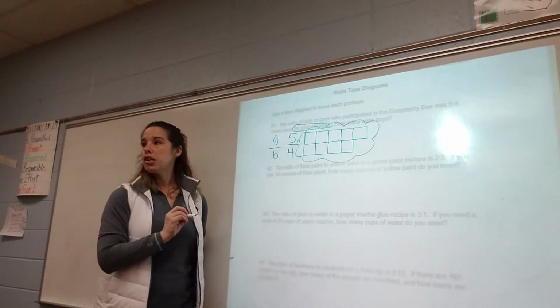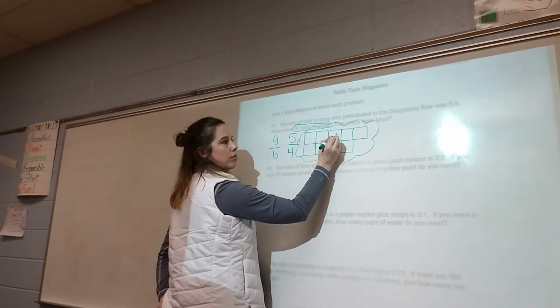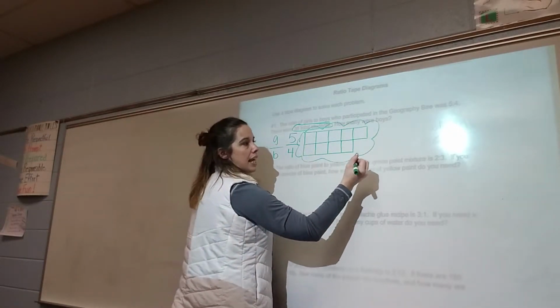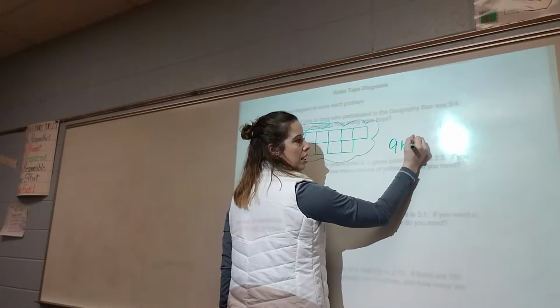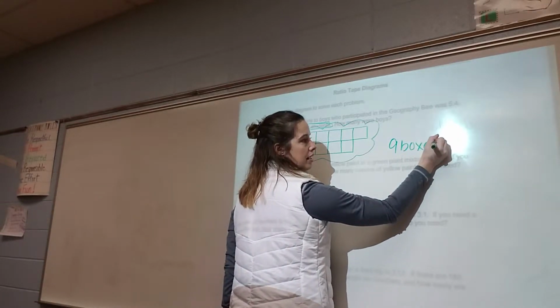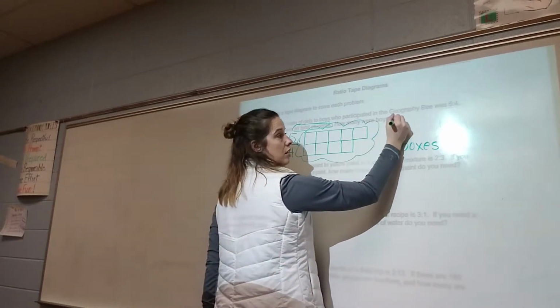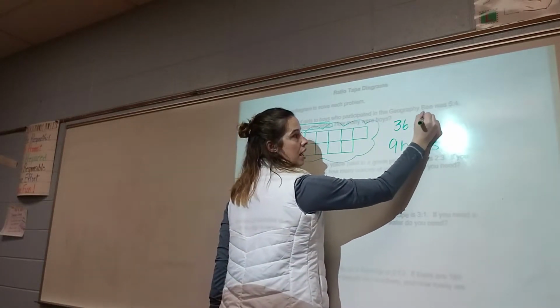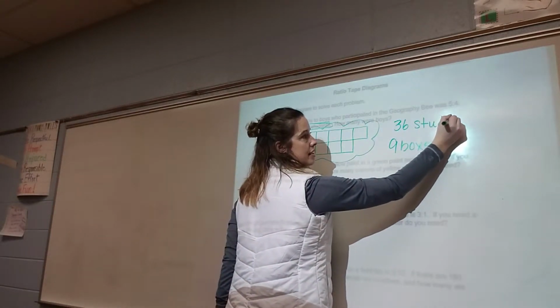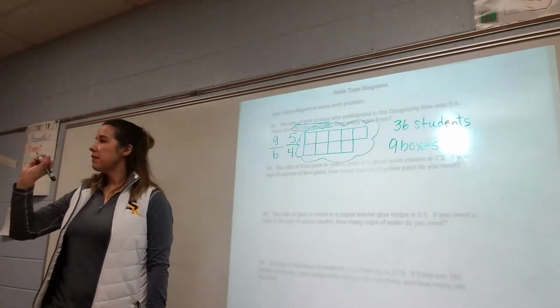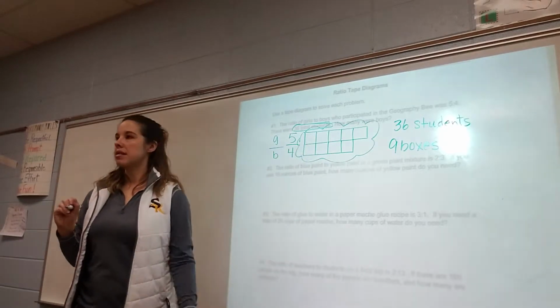So you count how many total boxes we have. 1, 2, 3, 4, 5, 6, 7, 8, 9. We have a total of 9 boxes. And we have a total of 36 students. And we have to figure out how many students are in each box.